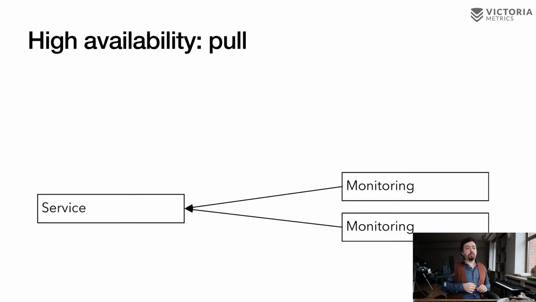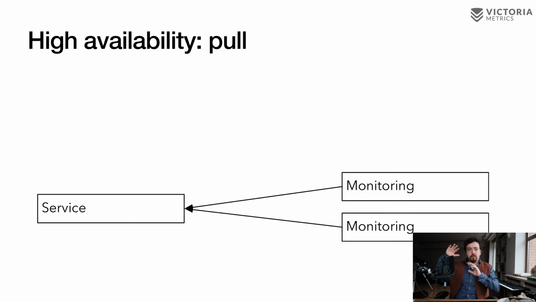But what about pull? If you have two scrape nodes, that means you need to store 2 times more information. I mean, you need to store twice more information, because the scrape nodes don't sync between each other.